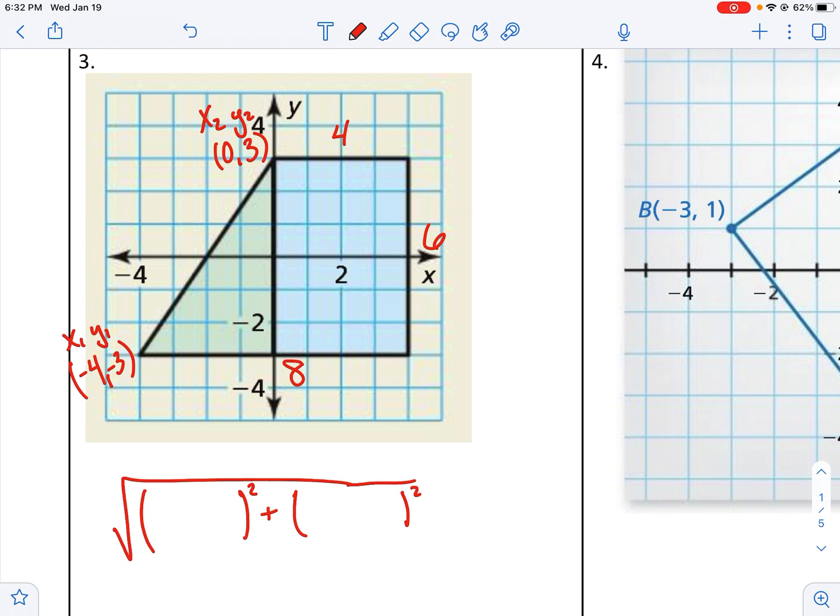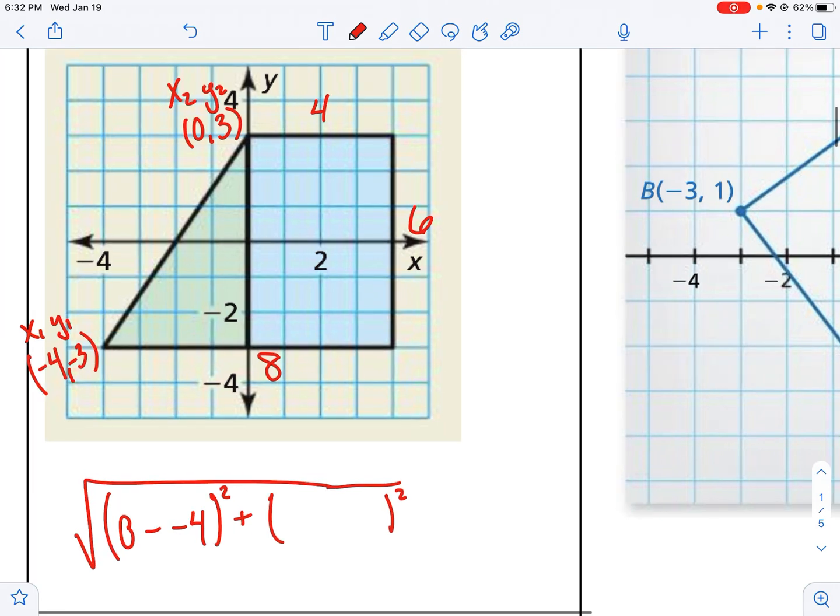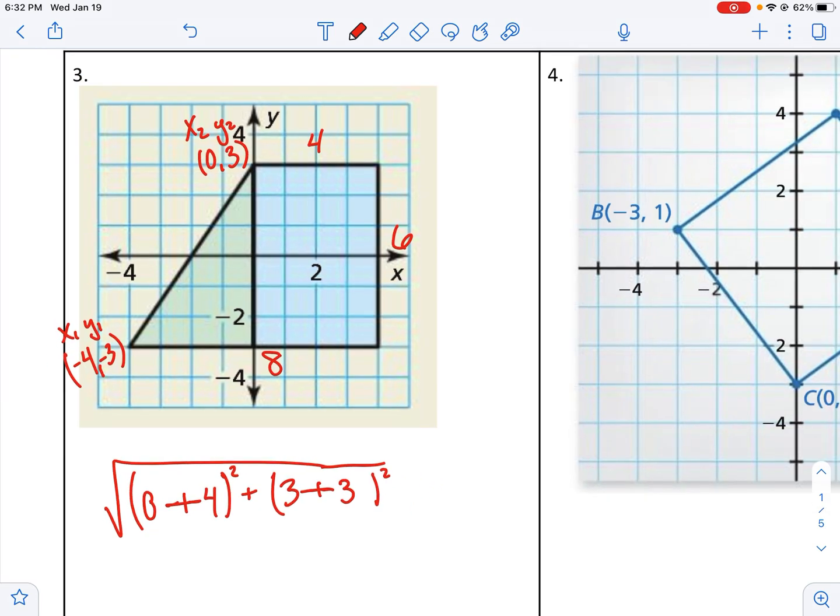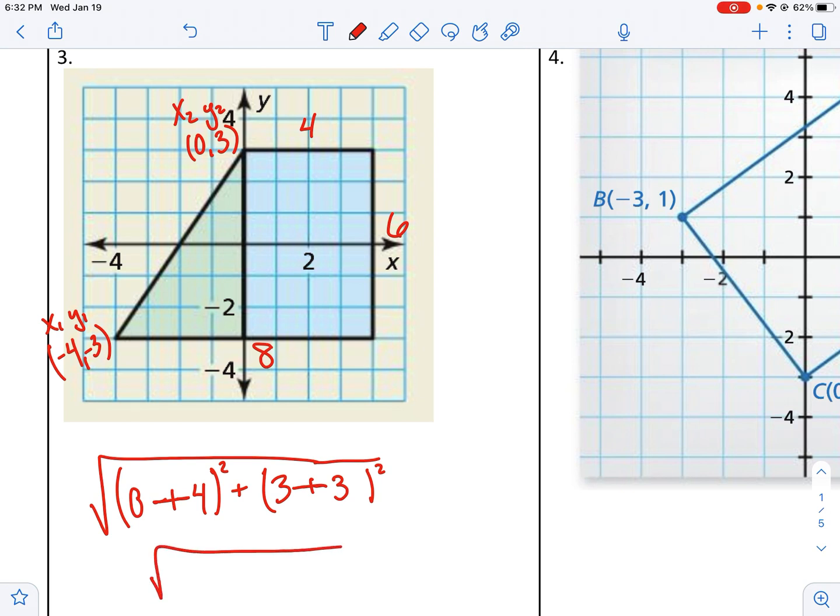I'll use x2 minus x1 squared plus y2 minus y1 squared. When I add these up, I get the square root of 4 squared, which is 16, plus 6 squared, which is 36. Let me simplify that even further.